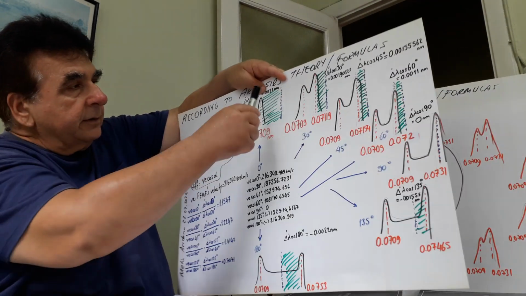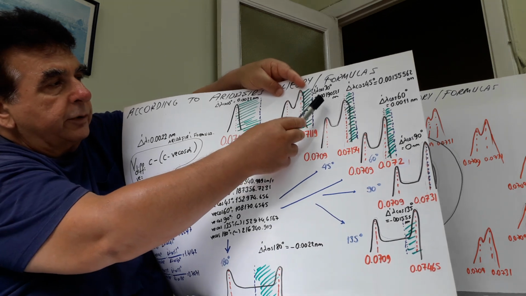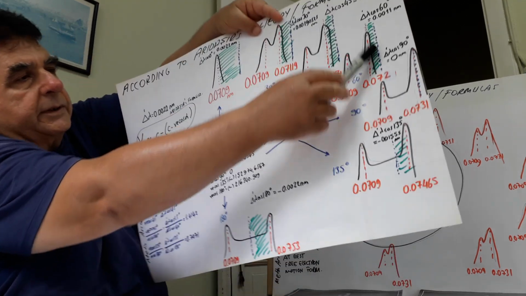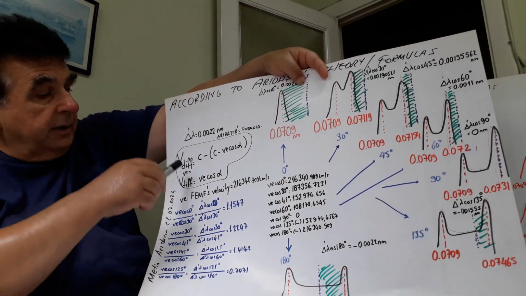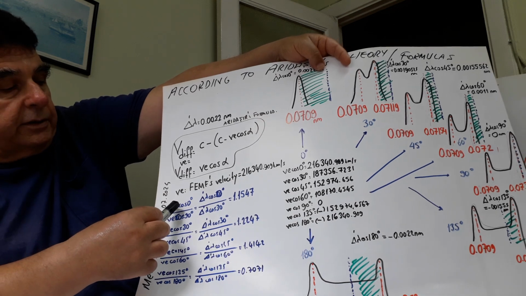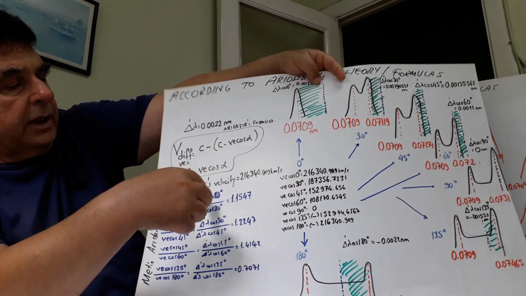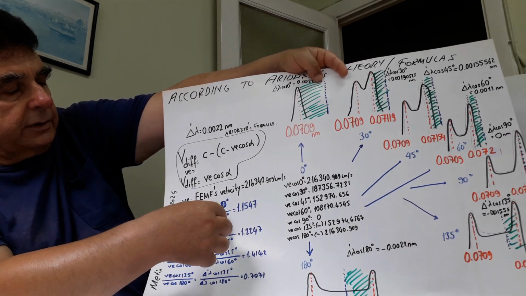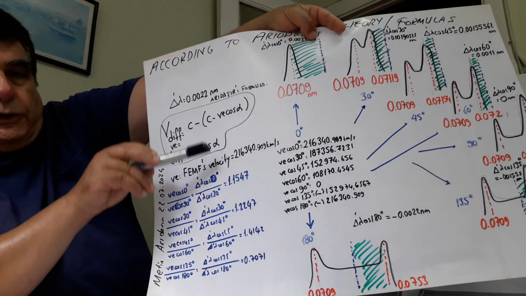And the wavelength differences are like this: 0.0022 nanometer for 0 degrees, 0.0019 for 30, 0.00155 for 45, etc. When I compare the rate between them, the speed difference for 0 degree divided by the speed difference for 30 degrees equals the wavelength difference at 0 degree divided by the wavelength difference at 30 degrees. They are the same, 1.15, and so on.